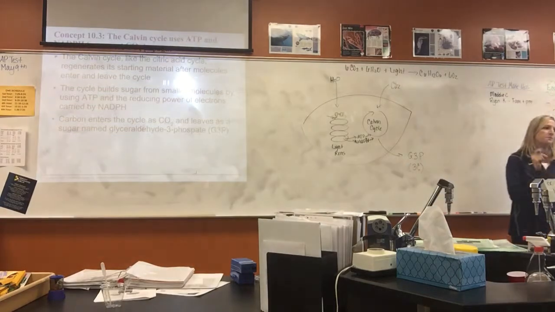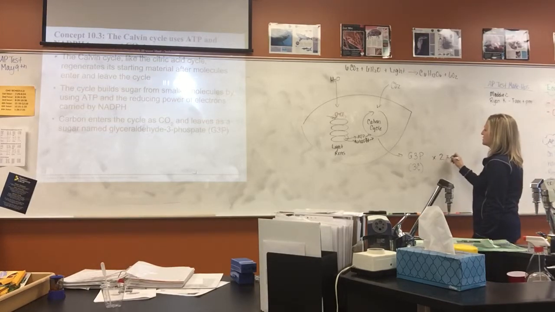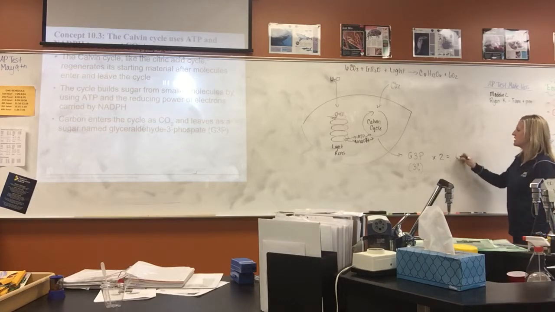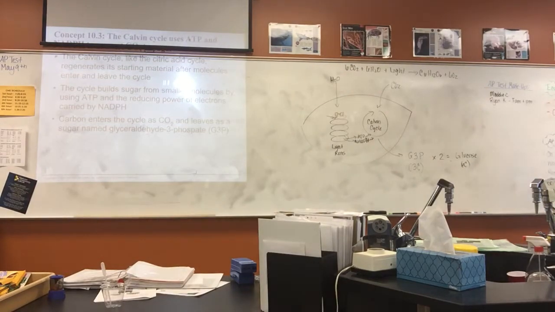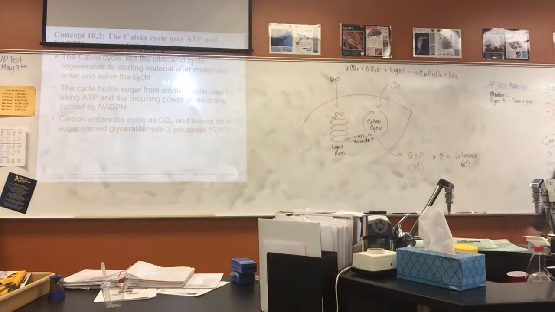Glucose is how many carbons? 6, right? So it takes 2 of these 3-carbon molecules to make 1 glucose molecule, which is a 6-carbon molecule. So this is kind of a step before getting to glucose.